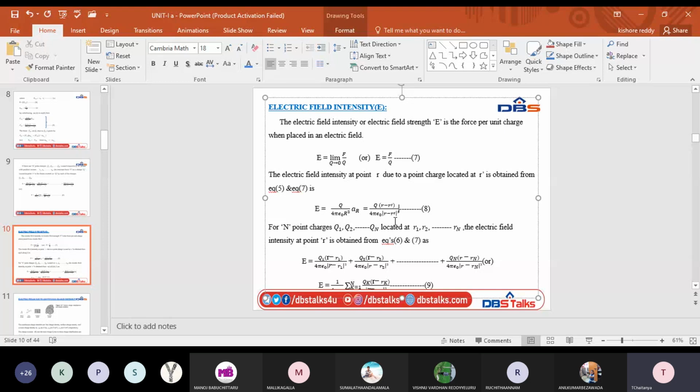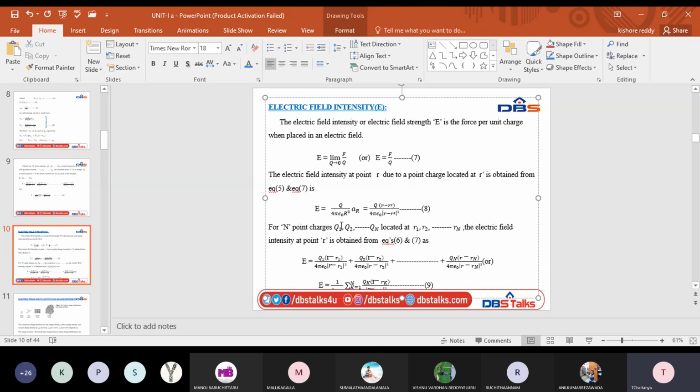So finally, the E expression turns out as Q (R minus R dash) divided by 4 pi epsilon naught into |R minus R dash| whole cube. So this is the generalized electric field intensity formula when we have only one charge.